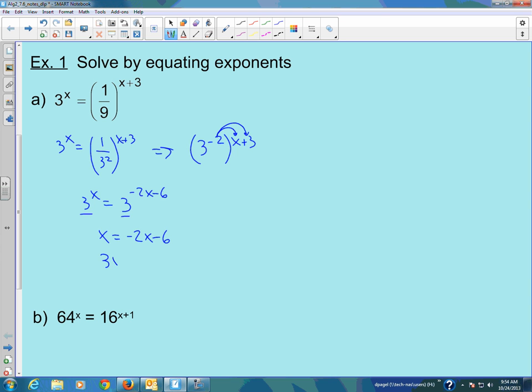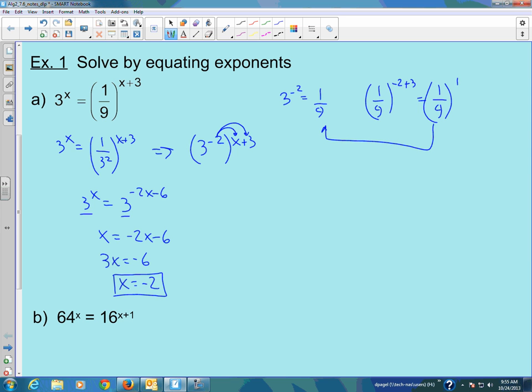And so I solve for x, and I get x is equal to negative 2. And if I were to check this by plugging it back in, 3 to the negative 2 is 1/9. Does that equal 1/9 to the negative 2 plus 3 power? Well, they are the same thing, therefore they check.